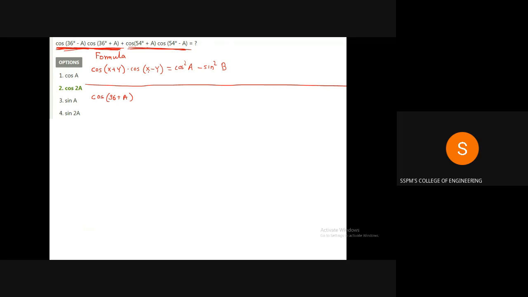Now first this is our formula, and we will first use it on these two terms, and then we will use it on these two terms.